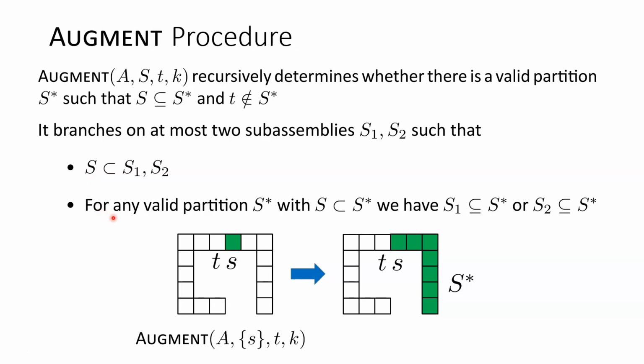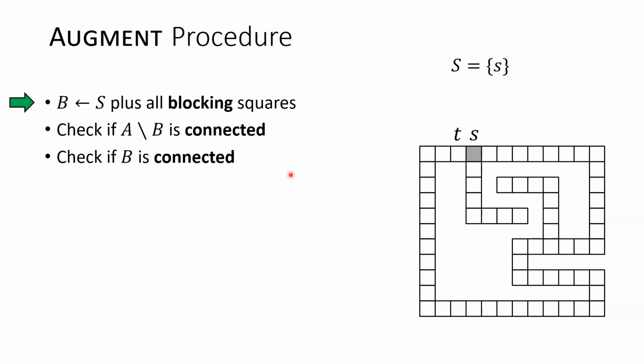And furthermore, with the additional property that for any valid partition S star that contains S, we must have either S1 be contained in it or S2 be contained in it. That is, we try two options such that one of them will recursively lead us to a valid partition if such a partition exists. So we'll go over an example to show how augment works.